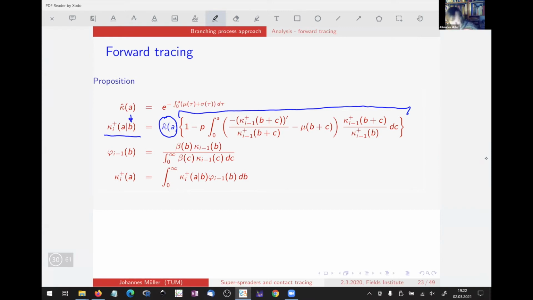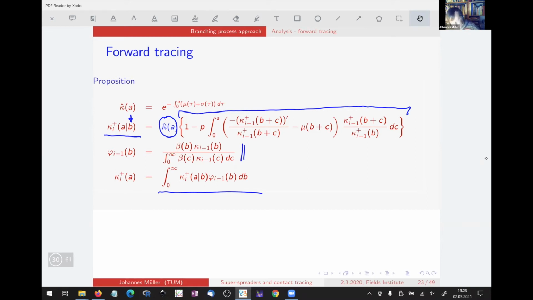How can we do that? We have the information about the age distribution of the last generation, I minus 1, at infection, and we just integrate over it to remove that condition. That's it. Surprisingly simple.